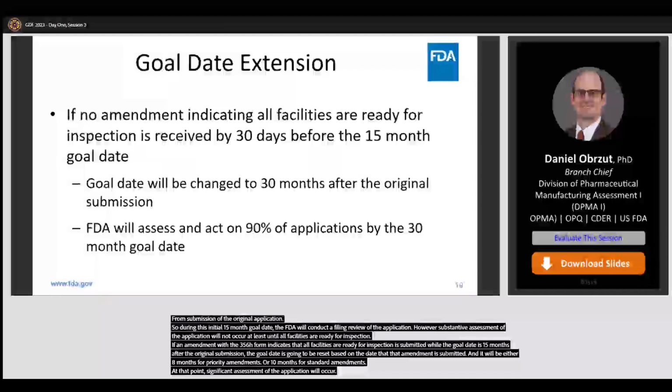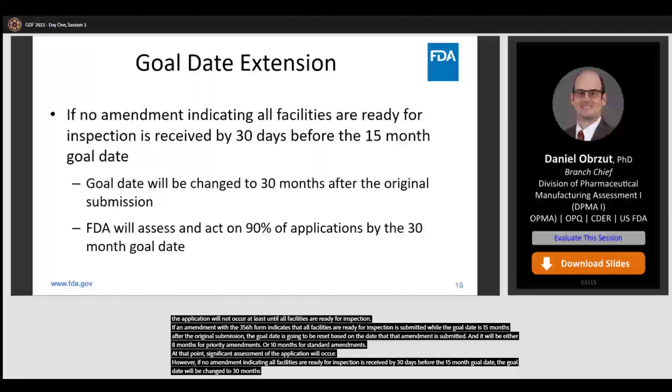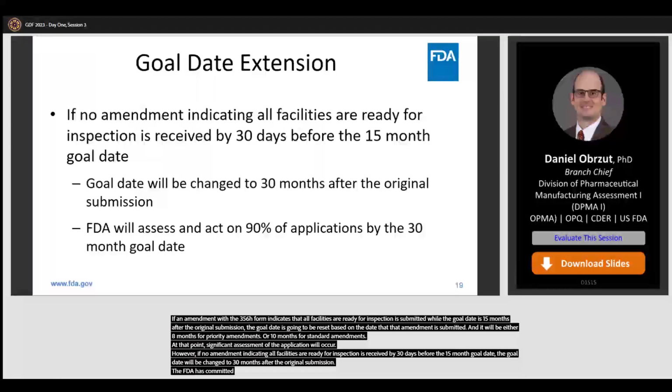However, if no amendment indicating all facilities are ready for inspection is received by 30 days before the 15-month goal date, the goal date will be changed to 30 months after the original submission. The FDA has committed to assess and act on 90% of applications by the 30-month goal date.